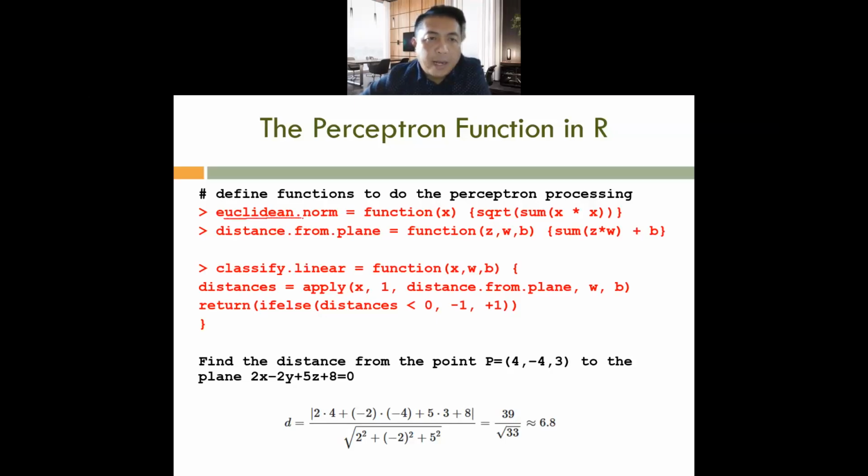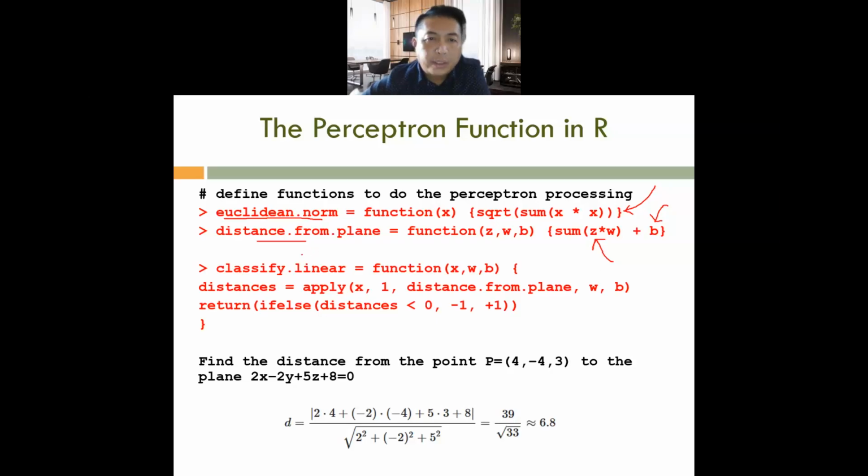Over here we define the Euclidean function, which is used to measure the distance. And then this one is used to find the distance from the plane. This is the bias that we have, and this is the summation.